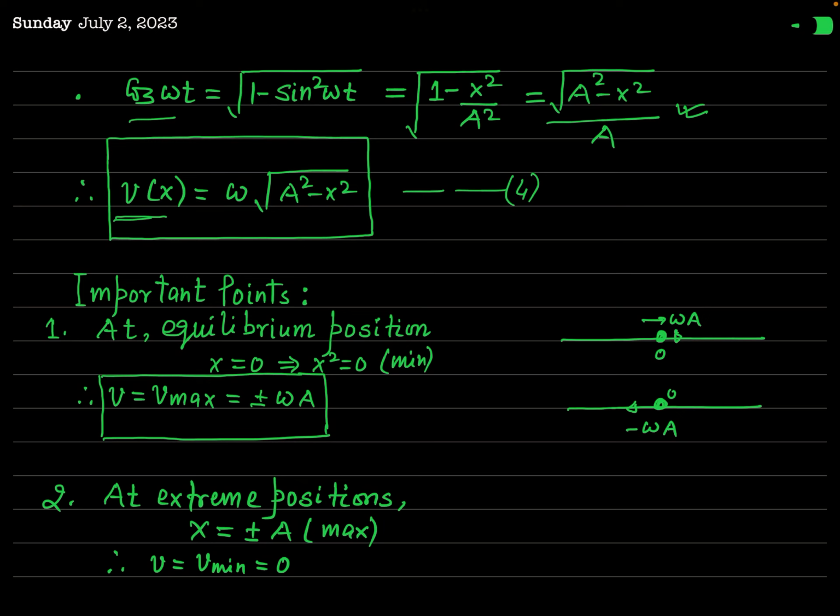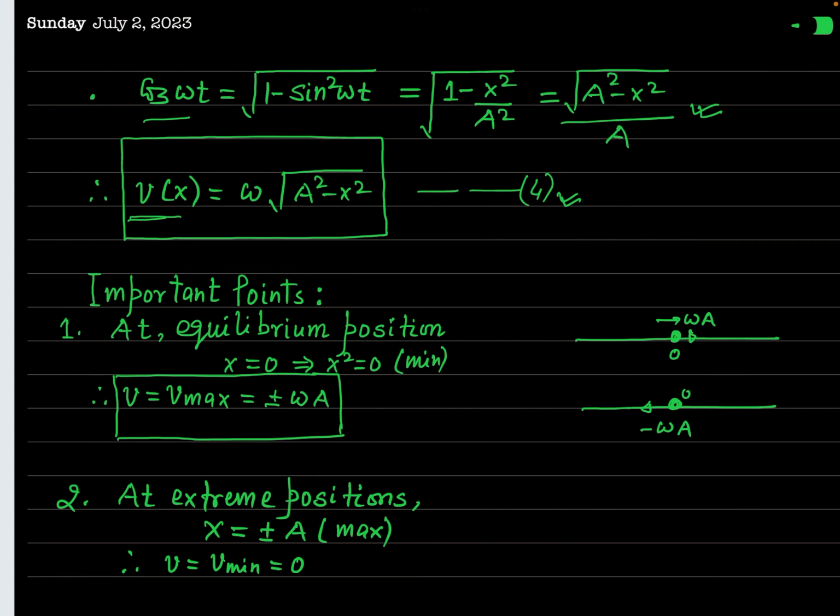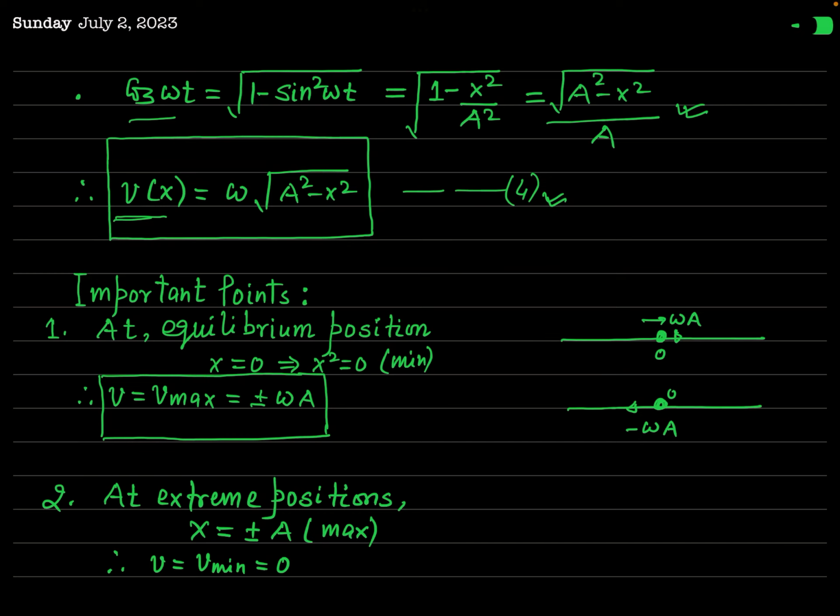So, in this equation 4, we have obtained the expression for velocity of the particle executing SHM as a function of x, and in equation 3 we have obtained the expression for velocity of the same particle as a function of time. Okay? Both expressions are very simple and you should remember them. At least you should remember this equation 4 for your further discussion. This will be helpful for you.